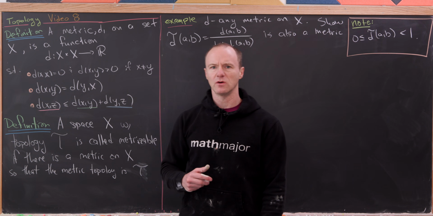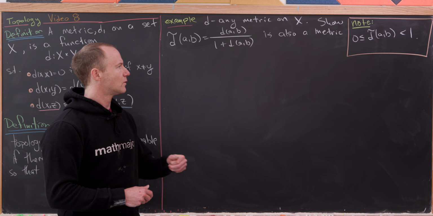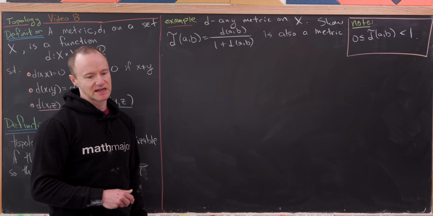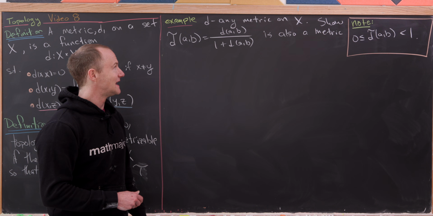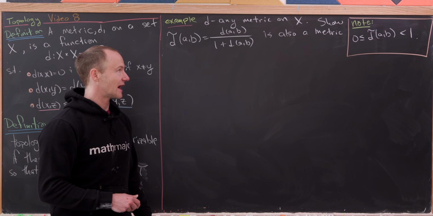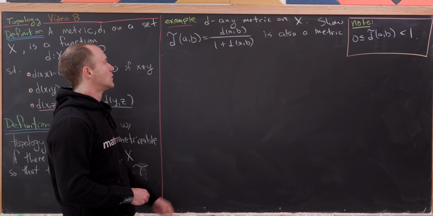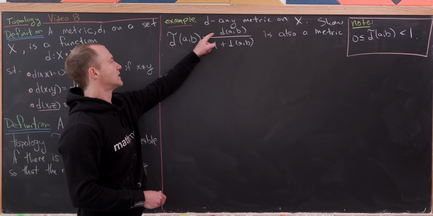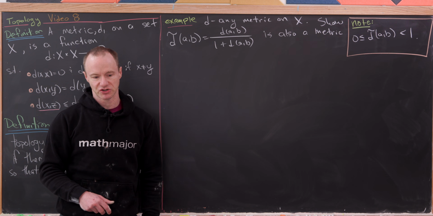Okay, so we'll look at some more of that a little bit later, but what I'd like to end with today is this nice example. I think this is a classic example. Let's say we've got any metric d on a set X. Now we want to show that this thing, which we'll call d tilde, which is the original distance over 1 plus the original distance, is also a metric.